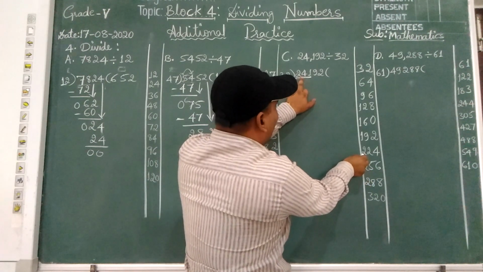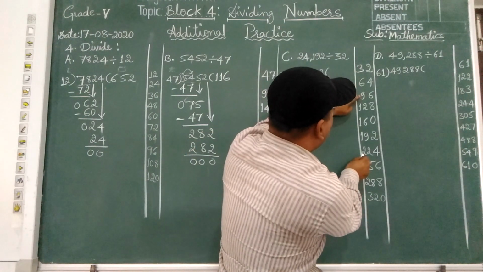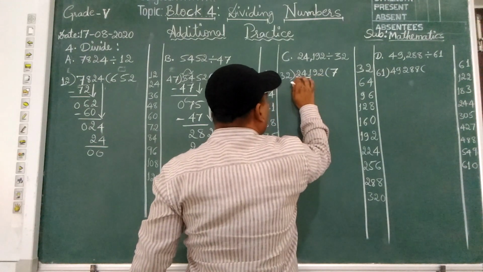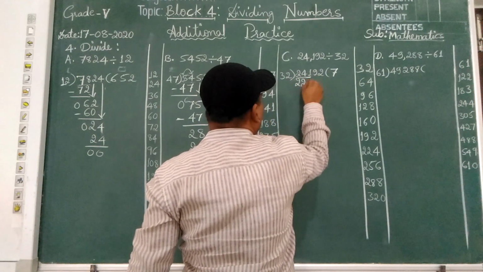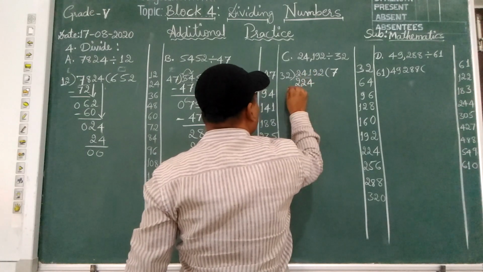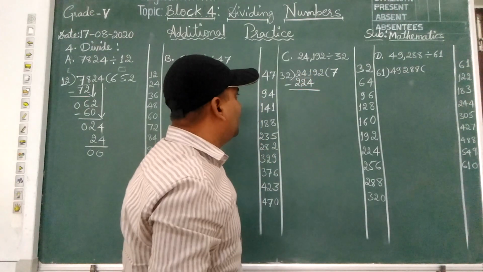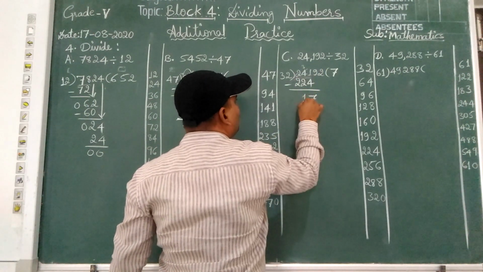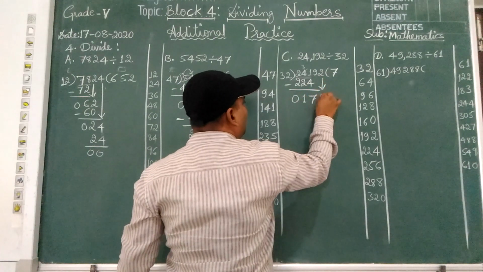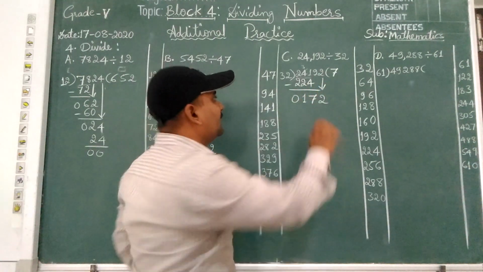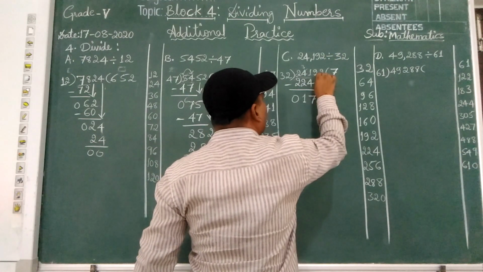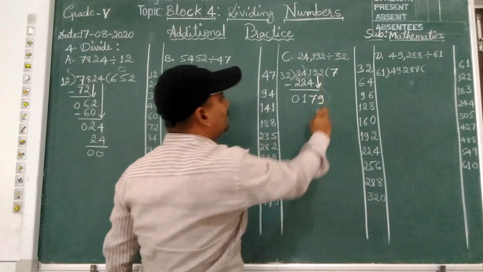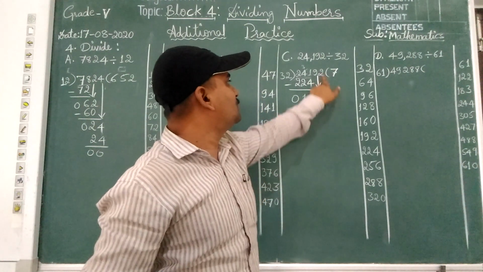So 224. How much are 32 7s? 7s are 224. Okay, subtract. 11 minus 4, 7. Now it is 3 minus 2, 1, 0. Take last digit only. Sorry, take this 9. 9 is left, no? Before this 2, 9 is there.